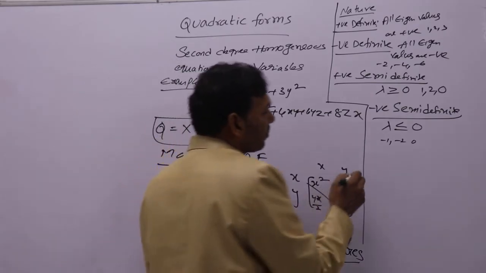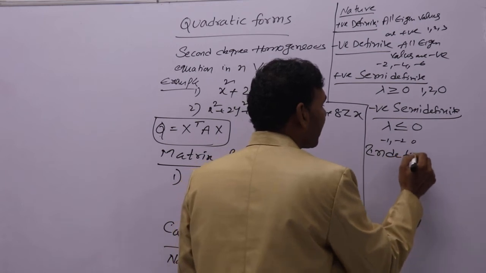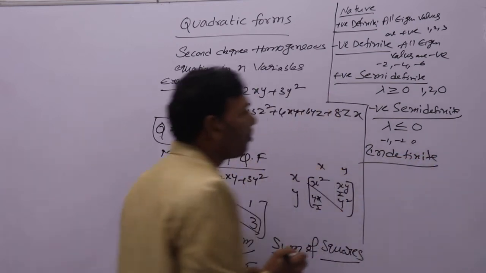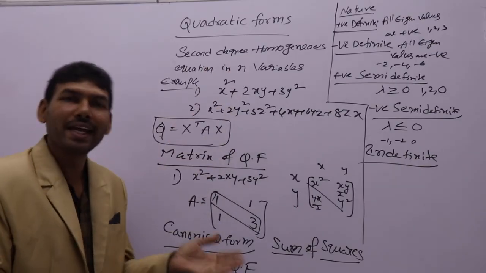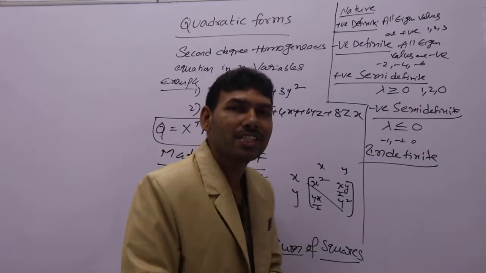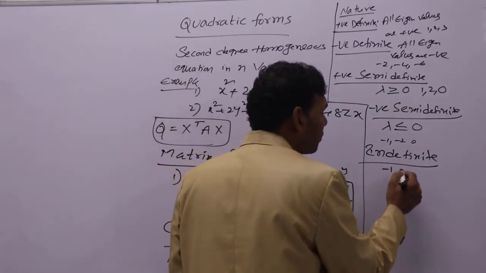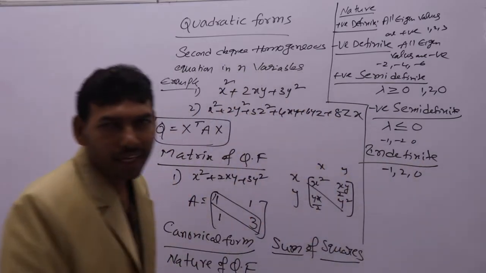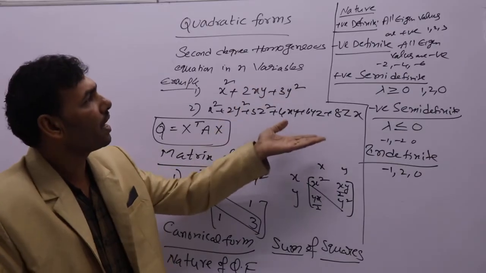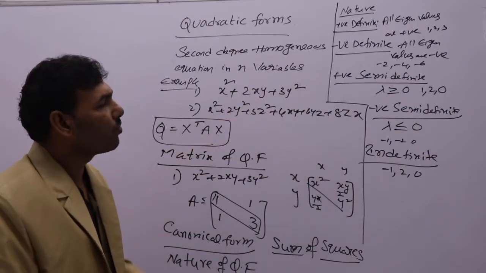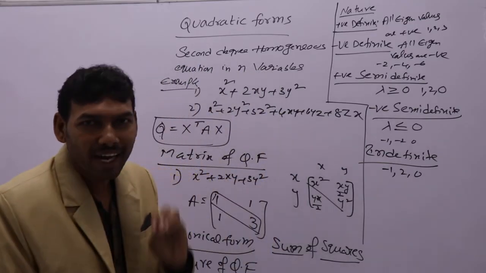Like that, the other nature, indefinite. Indefinite nature we will have for the given quadratic form in all remaining cases. Other than these 4 cases, if you get any other case, we say that the nature of quadratic form is indefinite. That means if you have eigenvalues with negatives, positives, 0, then it does not come under any of the 4 which I discussed. Then we say the nature of quadratic form is indefinite.